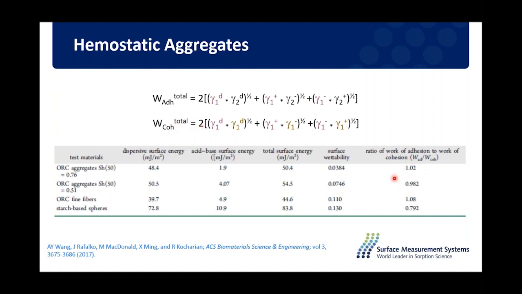The closer that is to 1, the better the adhesion would be. We can see that for the starch-based spheres, this is much lower than 1, which means the starch base would rather stick to itself than stick to the lower energy and lipophilic blood, as opposed to the other materials, which had a lower surface energy and a more hydrophobic nature that interacted more strongly with it, and which made them better clotting agents. And here's the full reference if you want to see that paper.